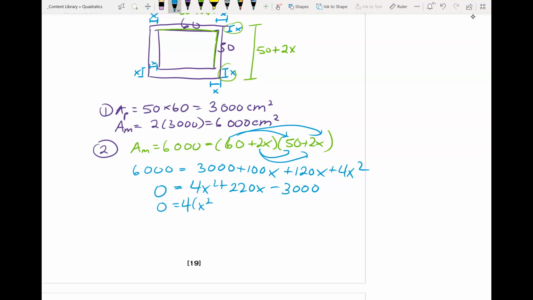So once I do that, I'm left with x squared plus 55x minus 750, since 220 divided by 4 is 55 and 3,000 divided by 4 is 750. Now my a is going to be 1, my b is going to be 55, and my c is going to be negative 750. Now I'm going to put into the quadratic formula.